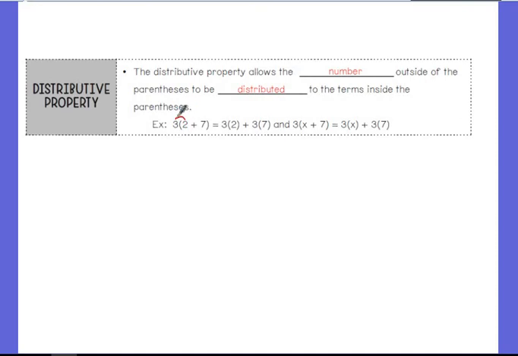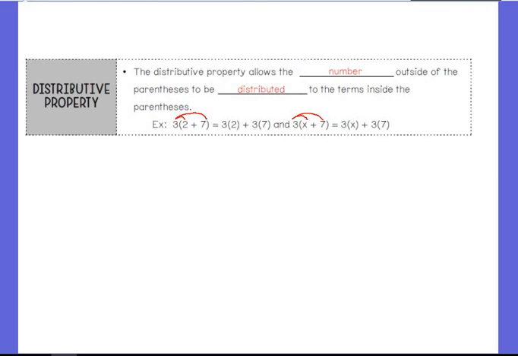I like to make a little nice rainbow to every term, and the rainbow just means that I am multiplying each term by the distributor of a 3. So 3 times 2, 3 times 7, then I would simplify. Or 3 times x, 3 times a positive 7. Then you could simplify from there. That's the distributive property. You're distributing a number.